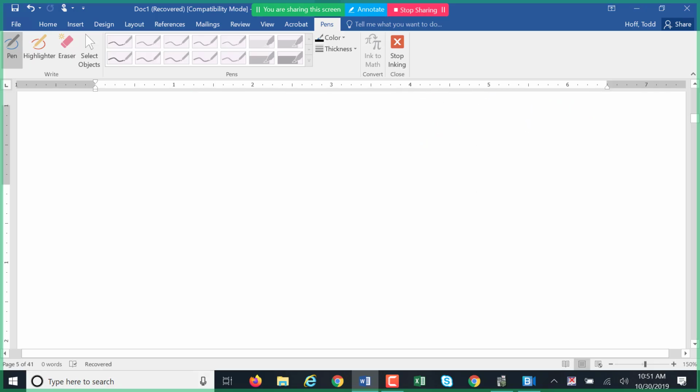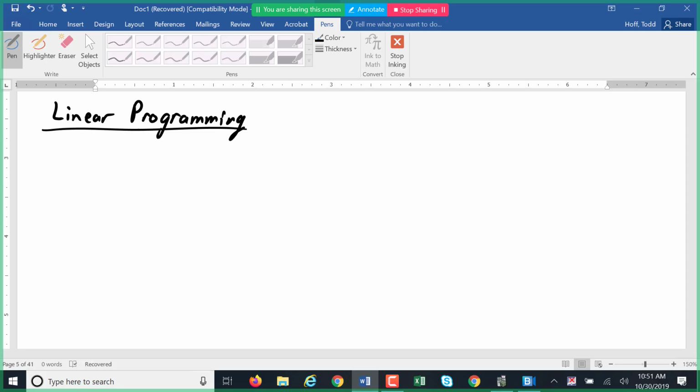Now, with systems of inequalities comes a concept called linear programming. Linear programming deals with maximizing and minimizing.